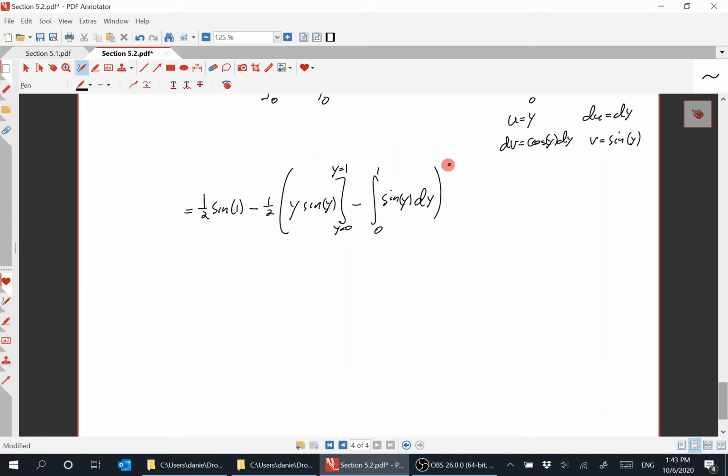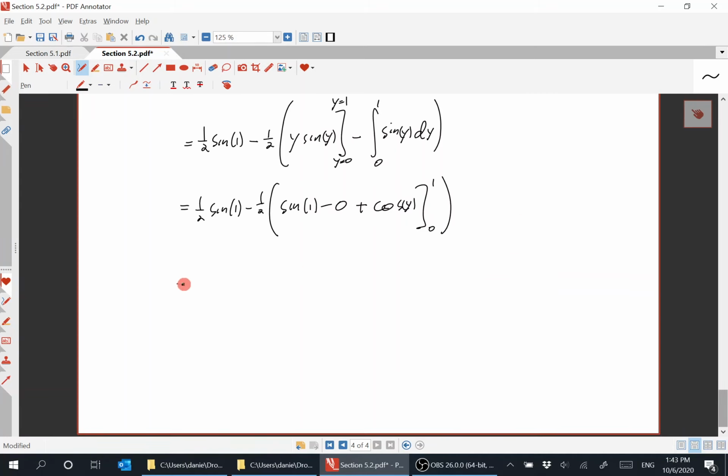So this is equal to 1/2 sine of 1 minus 1/2 parentheses. So this is 1 sine 1, it's just sine 1, minus sine 0, which is 0, minus antiderivative of sine y is minus cosine of y from 0 to 1.